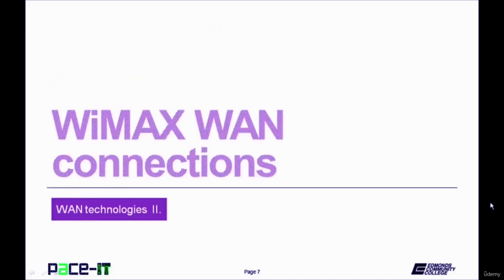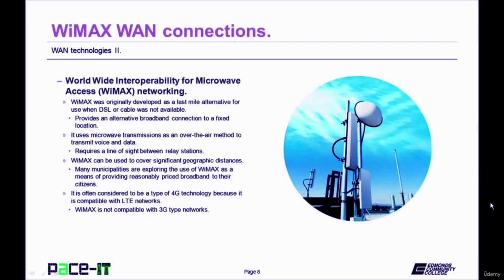Now let me introduce you to WiMAX WAN connections. WiMAX stands for Worldwide Interoperability for Microwave Access. That's a mouthful. That's why we say WiMAX. WiMAX was originally developed as a last-mile alternative to use when DSL or cable was not available.